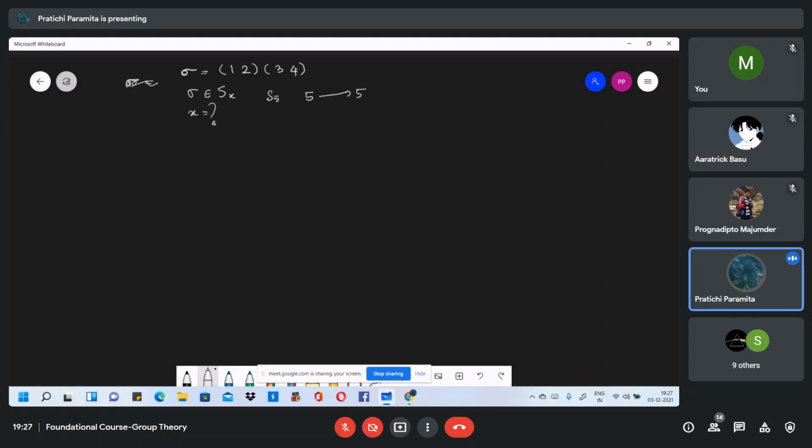Before I stop, I was going to talk a bit about symmetric groups, which we can see in a lot of places. We call them symmetry. So where do we see symmetry? We see patterns all around us, right?